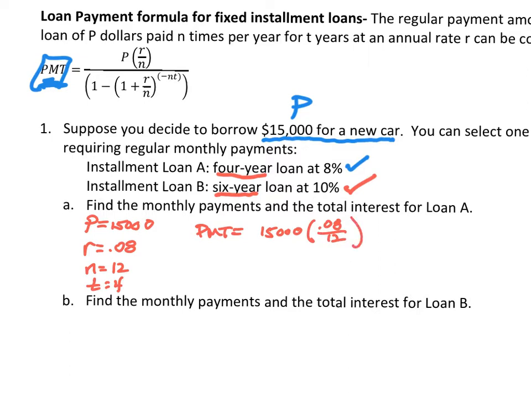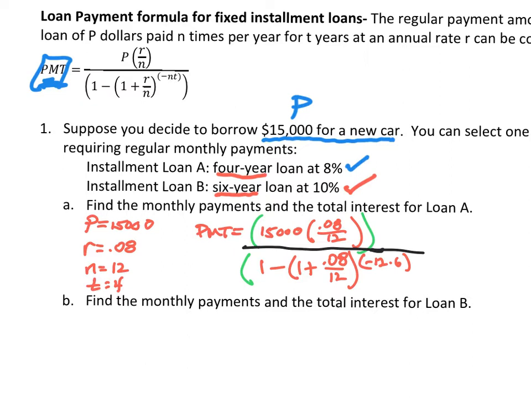If you're going to input that into your calculator, you got to make sure that you have this whole thing in parentheses, otherwise you're going to get the wrong answer. And then I'm going to divide that by, once again, parentheses, 1 minus (1 plus 0.08 over 12) raised to the negative 12 times 4.